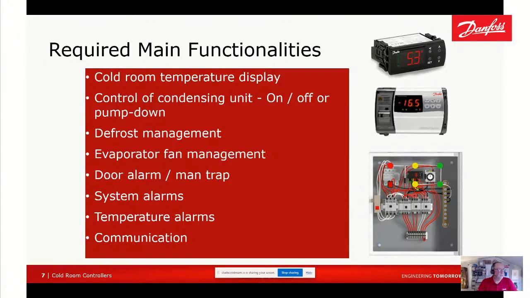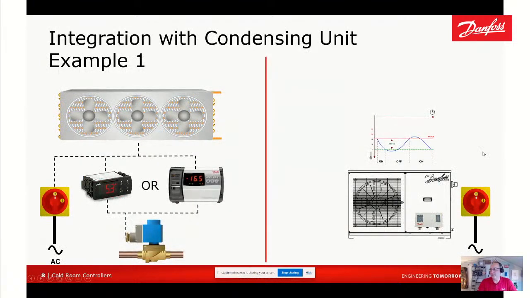So if we go down to the next slide, what I've done here is talk about the Danfoss Optyma condensing units and how they work with the evaporator. On the left hand side here, we've got our evaporator, and then we've got a control panel, whether it's a Danfoss ERC or an AKRC control panel.